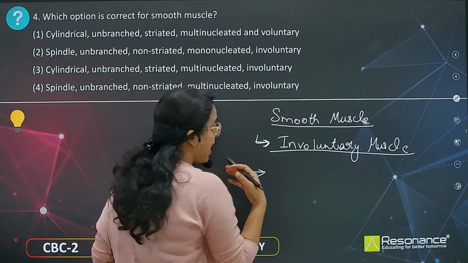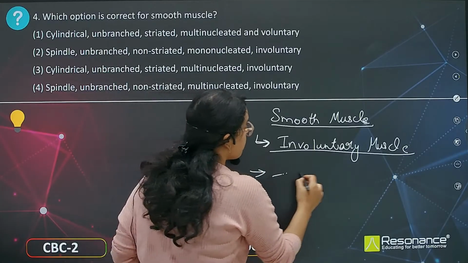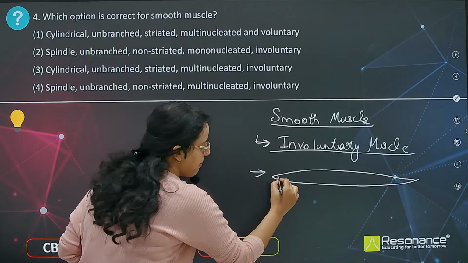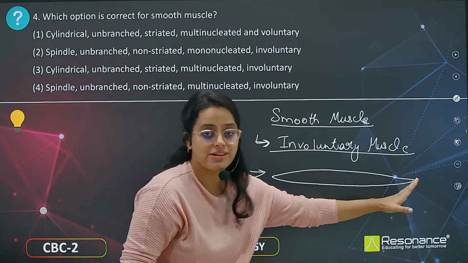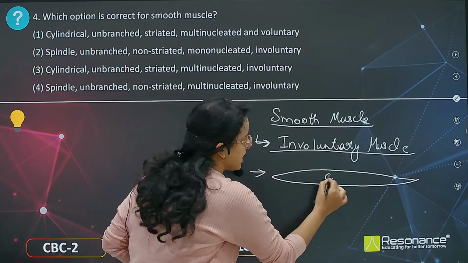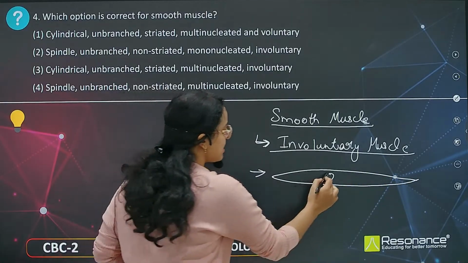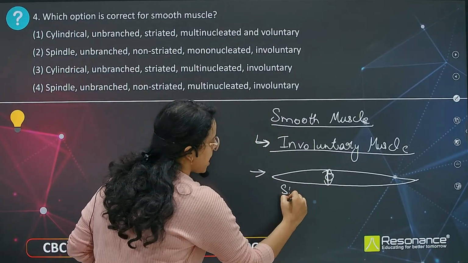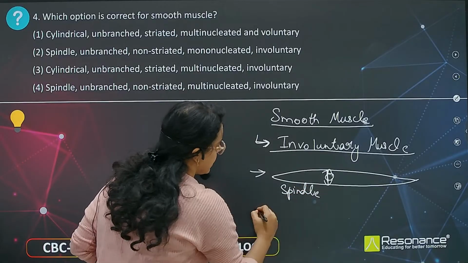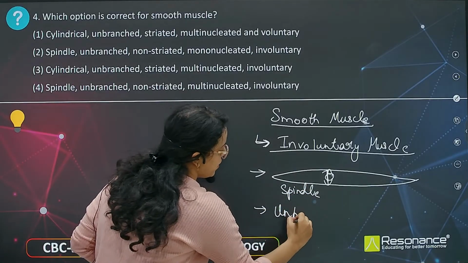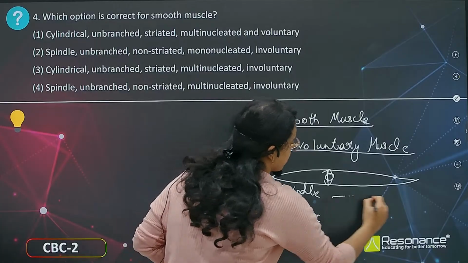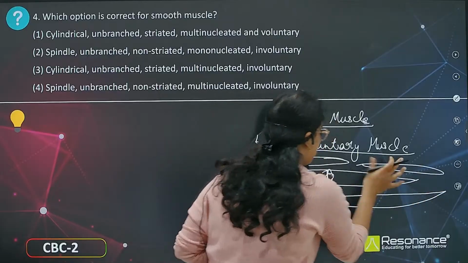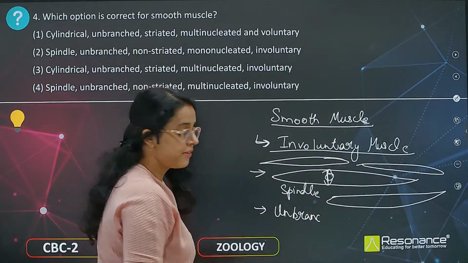And what are the characteristic features of smooth muscles? They are spindle-shaped cells or fusiform-shaped cells, which means they have tapering ends. The ends of the muscle cells are tapering, and the center consists of the nucleus as well as the broader part. So these are spindle-shaped cells. Again, what else? They are unbranched. If you see, these cells are unbranched, close to each other, covered in a protective connective tissue sheath.